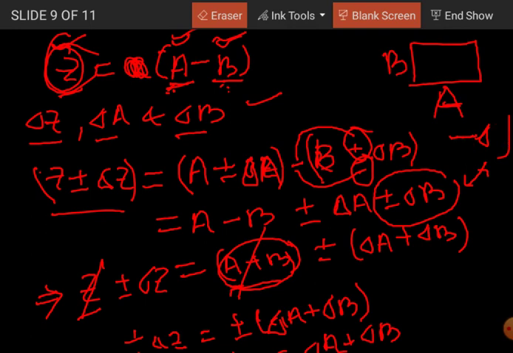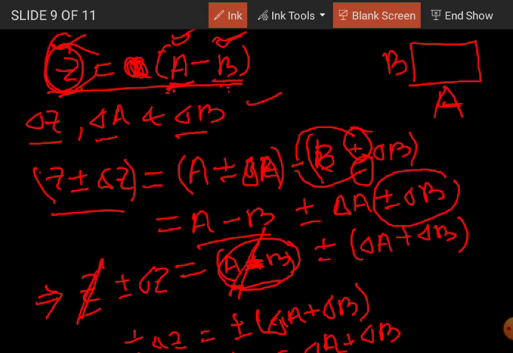So let me remove this portion. Erase it. Now let's go again. Then what happened? This a minus b is the same as that one z here. So a minus b is z. On the left hand side also one z is there.